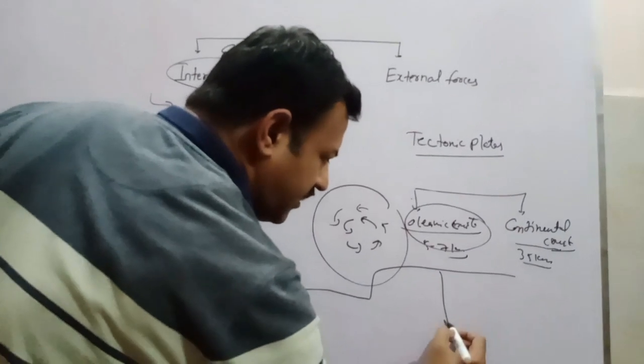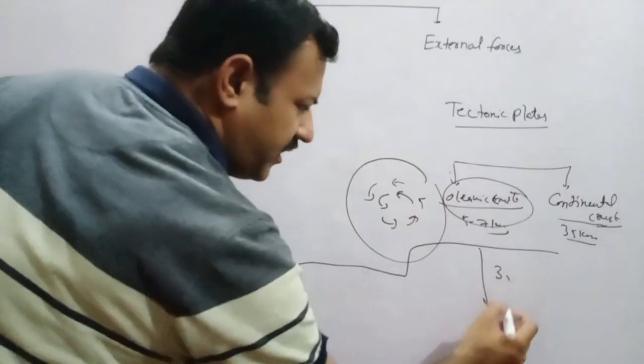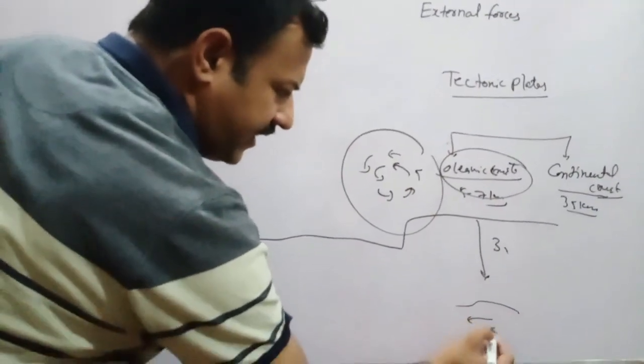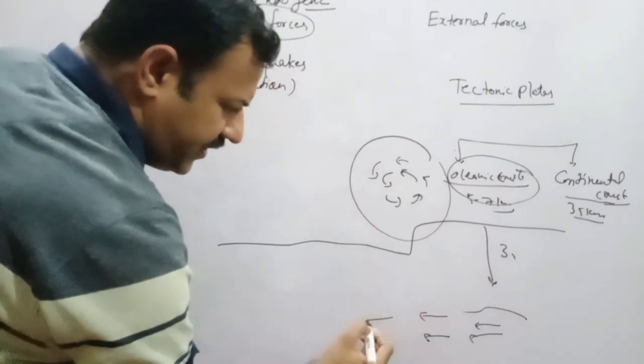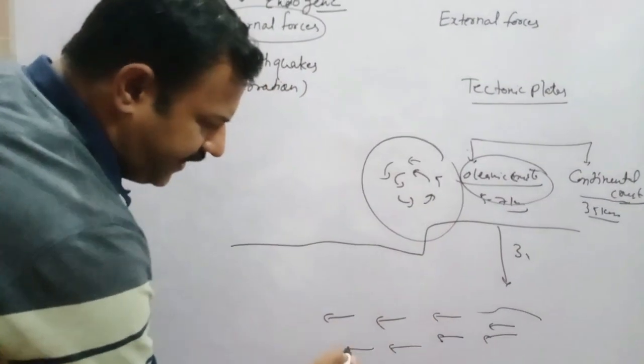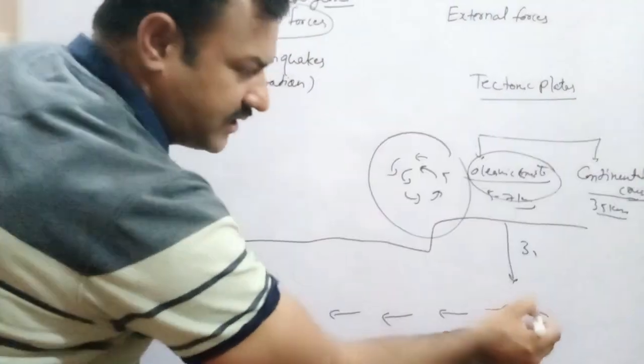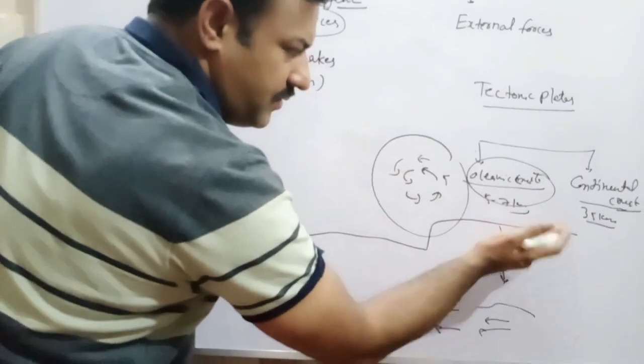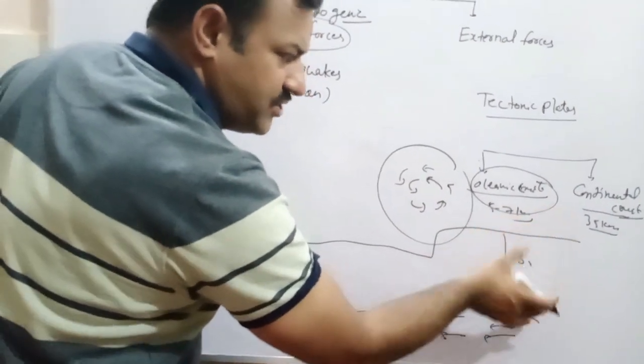Let me show here. Suppose this is continental crust, which is very thick, 35 km. So magma is lying here, very deep, so it cannot come out on the continental crust because it is very thick.